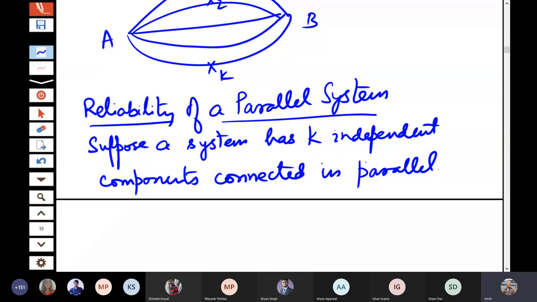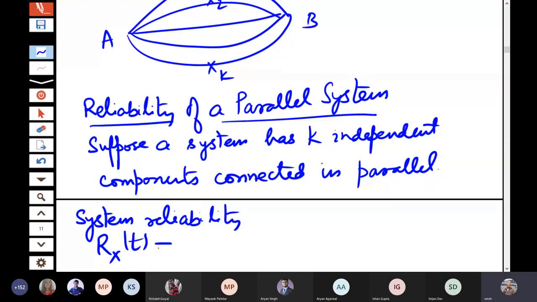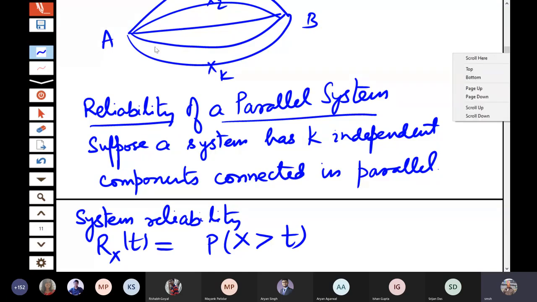So let us look at the system reliability. That is R_x(t), that is the probability that x is greater than t. In a parallel system, the system will function as long as any one of them is working.